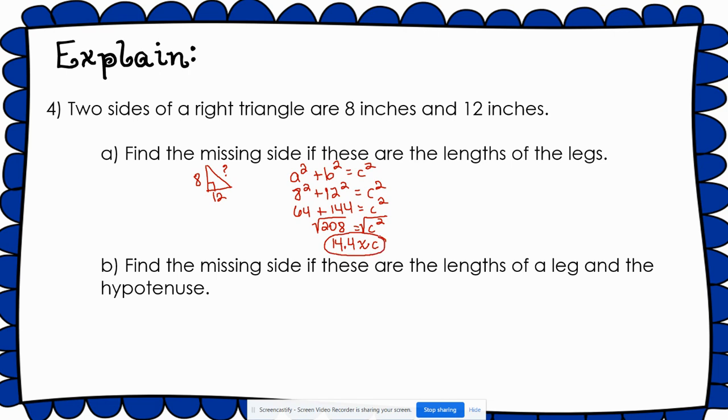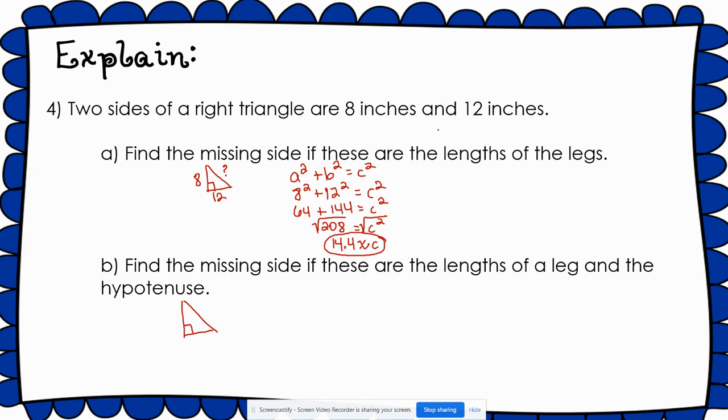Now, when you look at part B, it says find the missing side if these are the lengths of a leg and the hypotenuse. So for part A, we were assuming that 8 and 12 were both the legs. But for part B, we're assuming one is a leg but the other is the hypotenuse. Well, when I'm sketching this on a triangle, I need to know which one of those I would use as the hypotenuse.